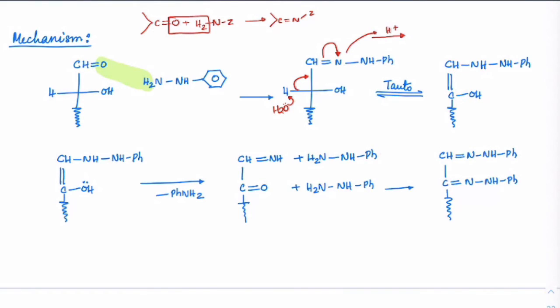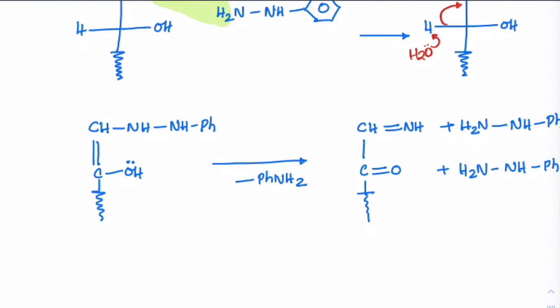Once you get an enol form here, we are still discussing only the first and second carbon. On the second carbon, this lone pair will support a double bond, because enols will try to become keto back. This double bond will try to shift here. This time H won't be leaving, but this will become a leaving group and it would leave.